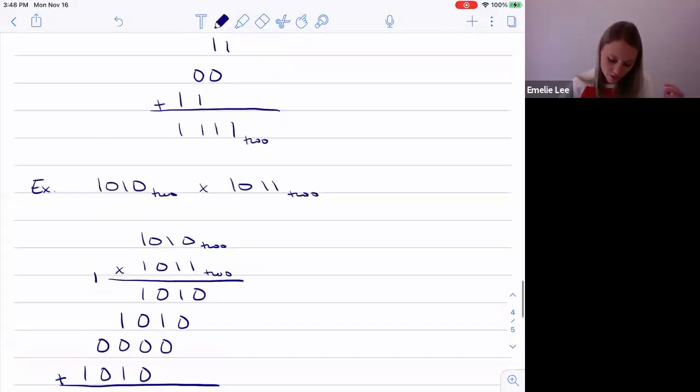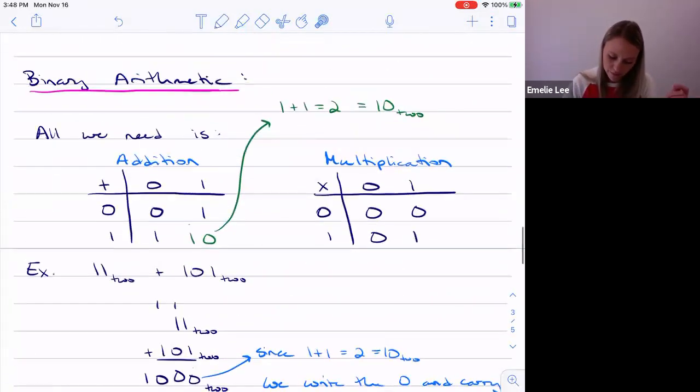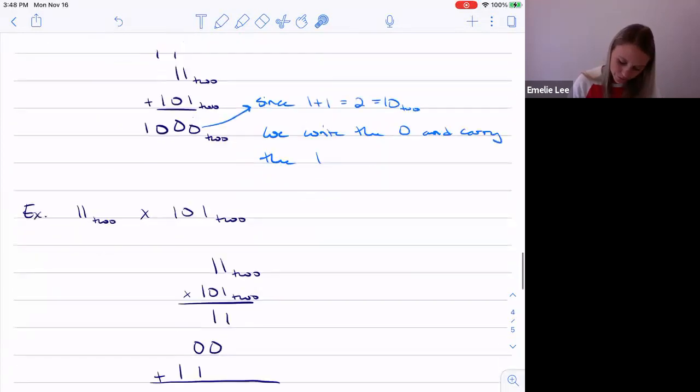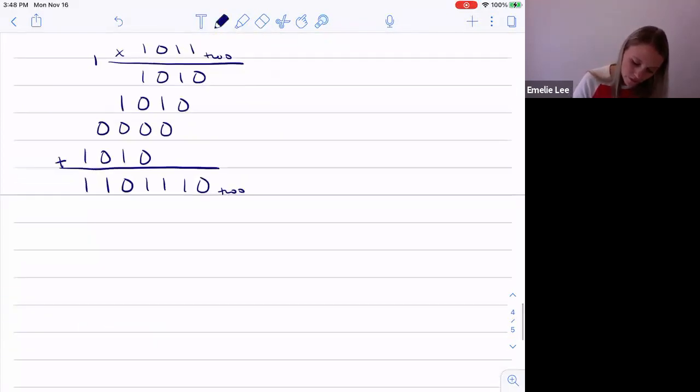But as long as you remember these rules, and the only weird thing is that 1 plus 1 makes 10, or 1, 0, base 2, then you're kind of good. Okay. Any questions before we move on to the next section?